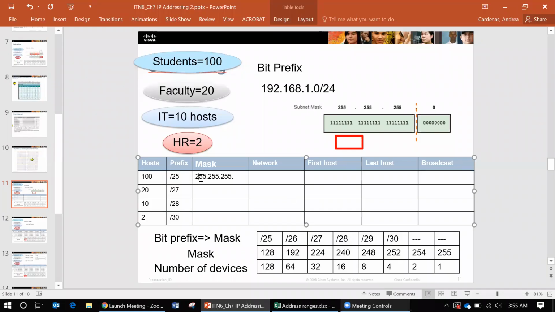So there's 8 ones, 8 ones, and 8 ones. Now, what happens in this last octet here? Well, that's what we're working on down here, the last octet. Now remember, a /25 is what we were using. We put /25 here. So that means that the last octet will be 128.